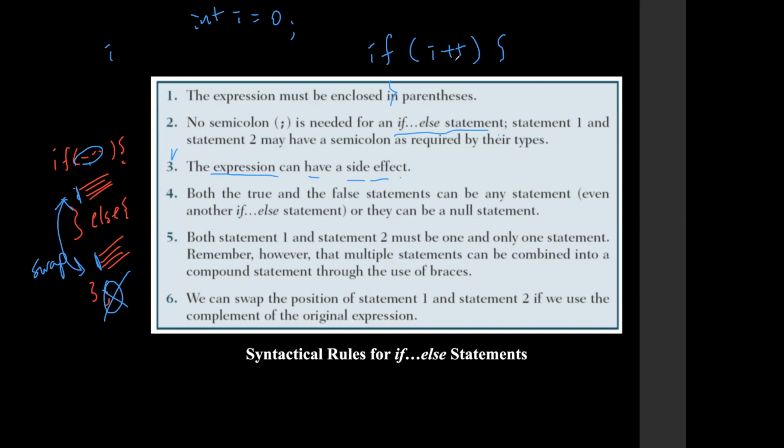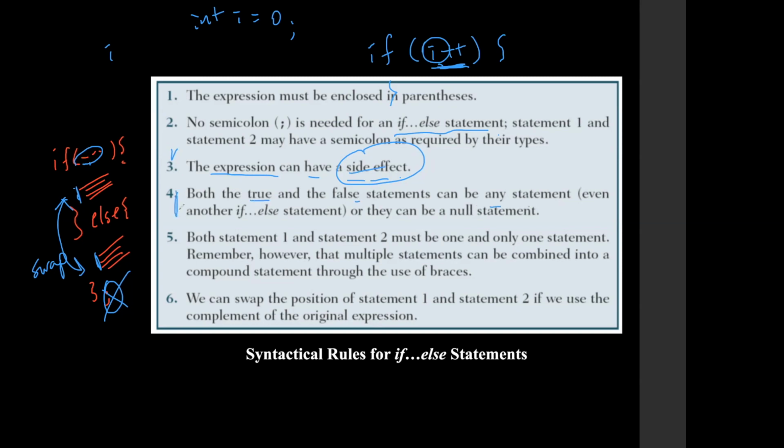Perhaps that's not intended. If another part of the program later expects i to be the original value and not the incremented value, then you have effectively introduced what's called a side effect, an unintended change to the state of your code.